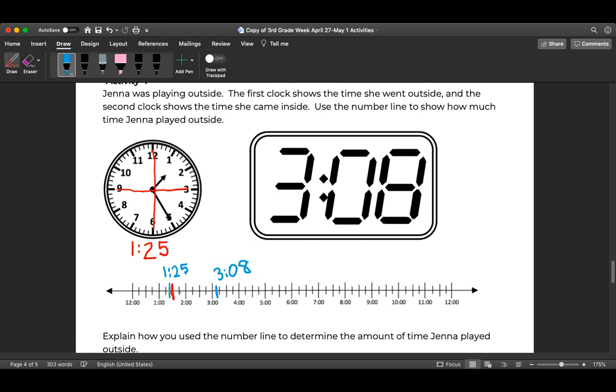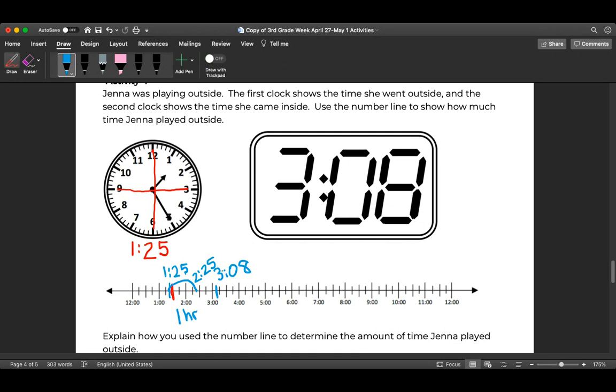And so I want to figure out how much time is it between 1:25 and 3:08. So I'm going to go forward 1 hour. So 1 hour puts me right here, right before 2:30. So 1 hour is at 2:25. And so that jump is 1 hour.